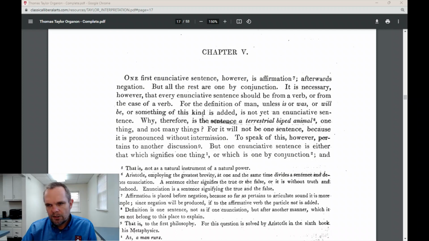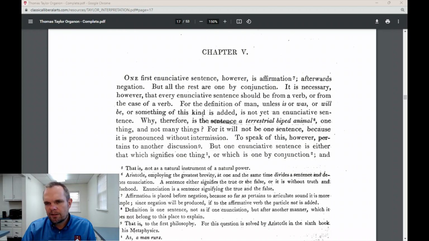Okay? So he tells us this question of how we know that a string of words is to be understood as a single idea. That's a complex question, and if you'd like to study that, you can do so in metaphysics. So let's keep going here.